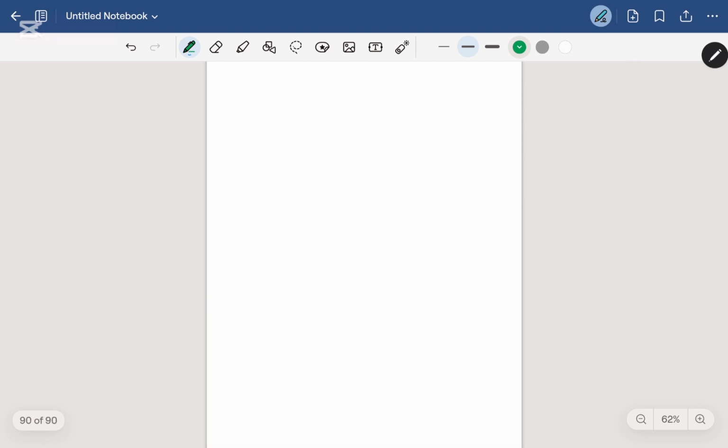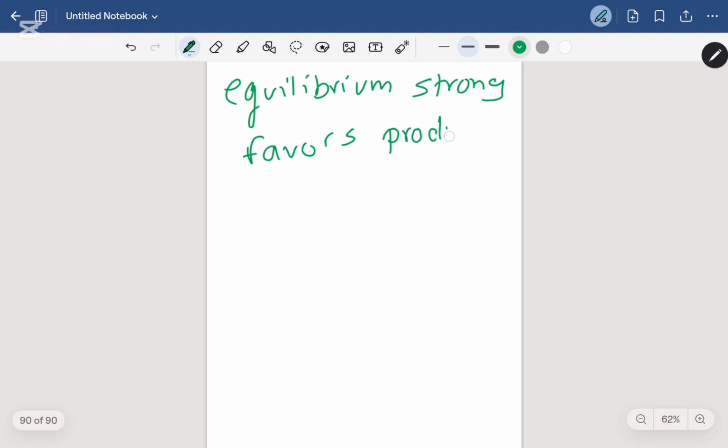Alright? Now, always know that equilibrium in the strong base or acid always favors the products. So equilibrium in the strong acids or bases always favors the products.